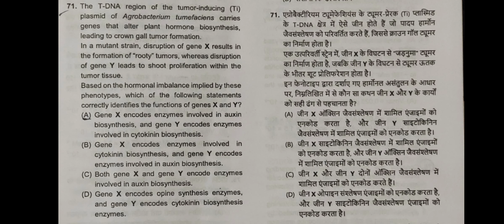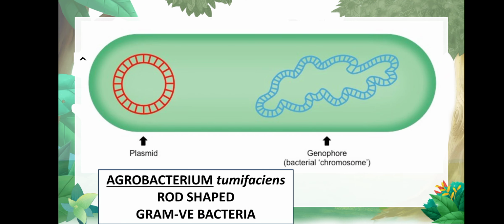the introduction here also. So Agrobacterium tumefaciens is a rod-shaped, gram negative bacterium. And as you know, in prokaryotes, particularly in bacteria, there are two kinds of DNA, isn't it? One of them is the plasmid and one of them is its own bacterial chromosome.